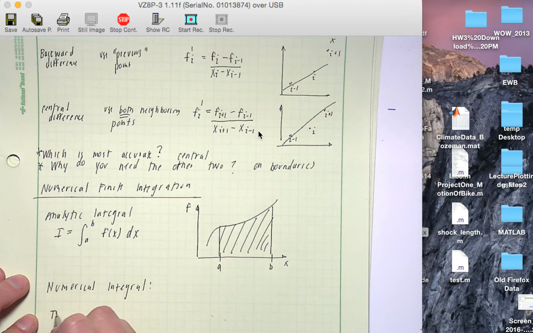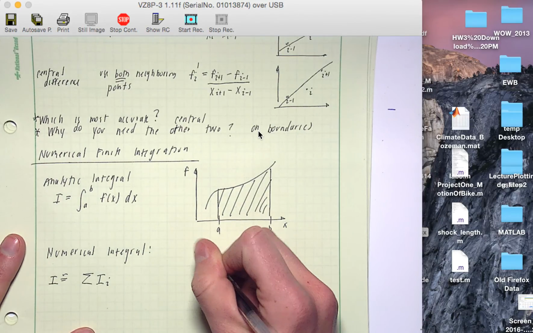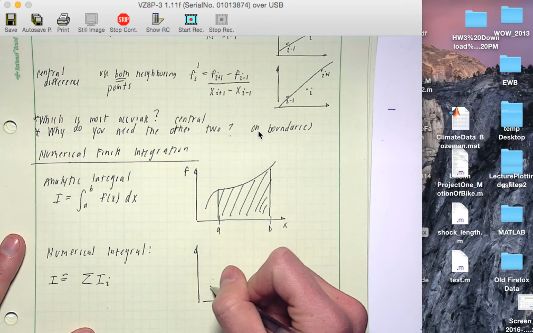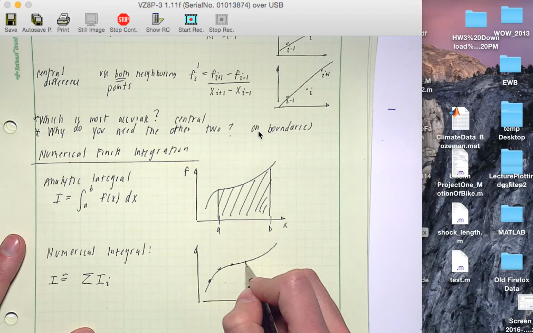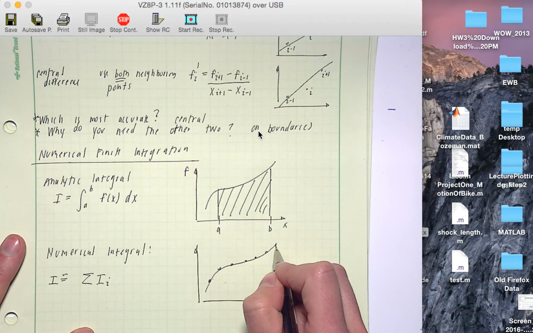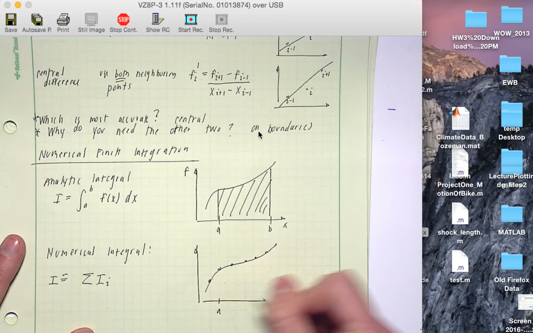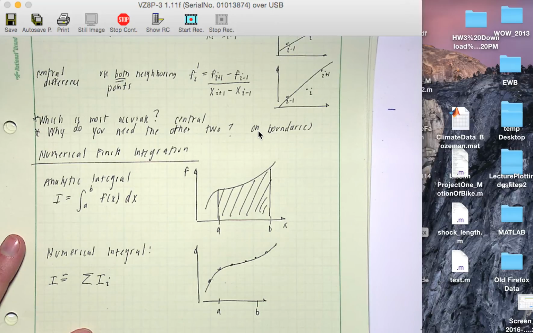So if you want to write the integral in its differential form, you're going to break your domain up into, so let's say I had just discrete points on that same function that I wrote up before. And let's say I wanted to calculate again from A to B. I would first need to break down that area into rectangles.